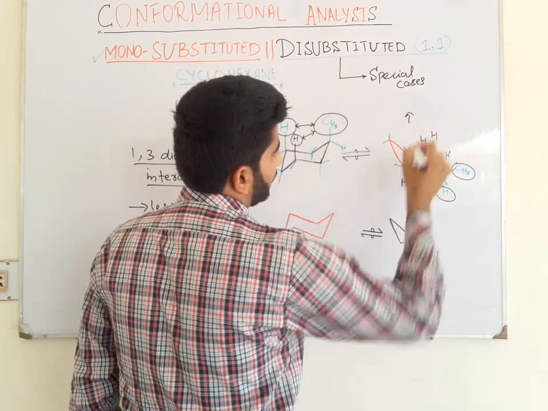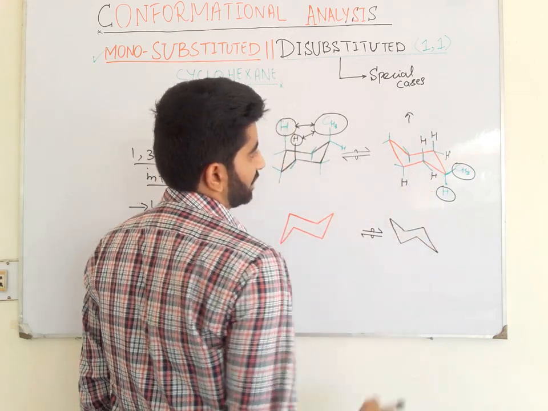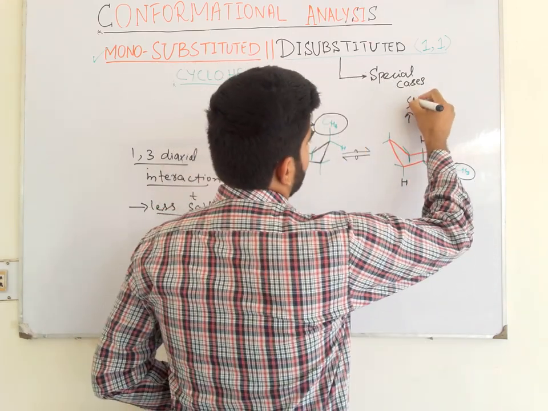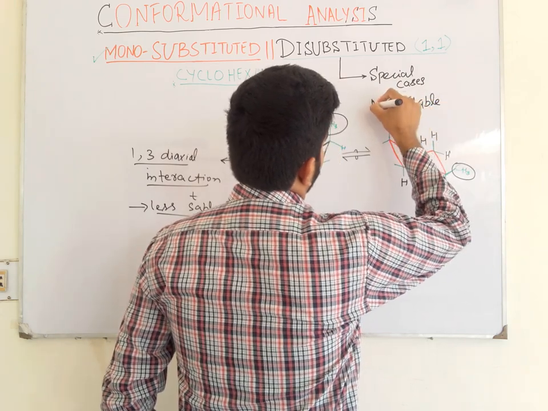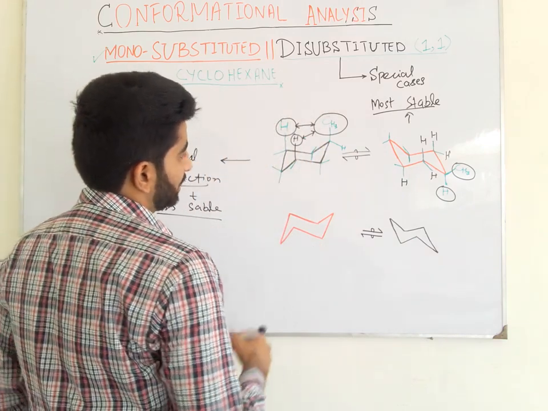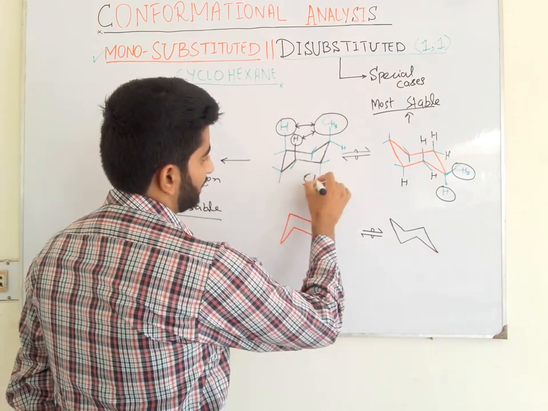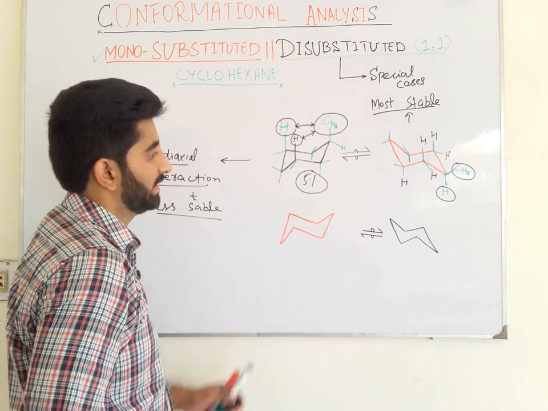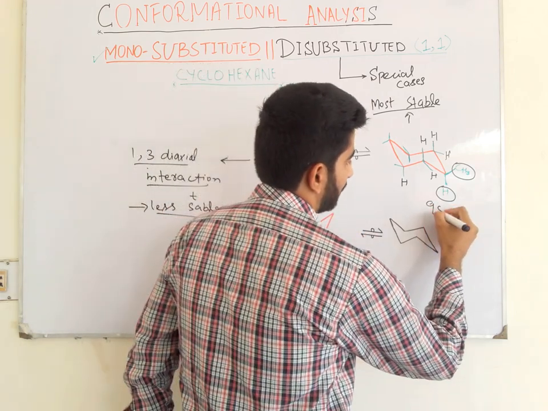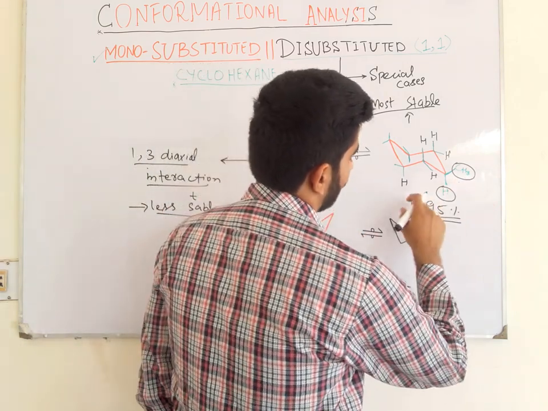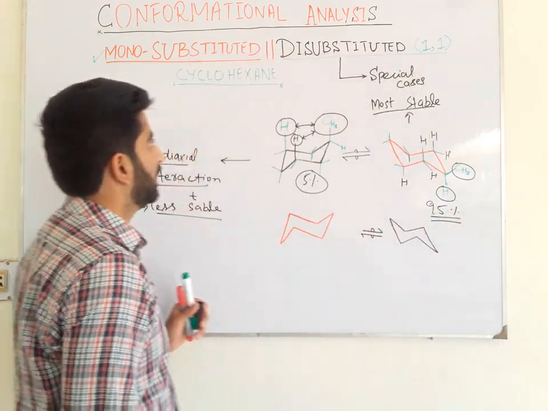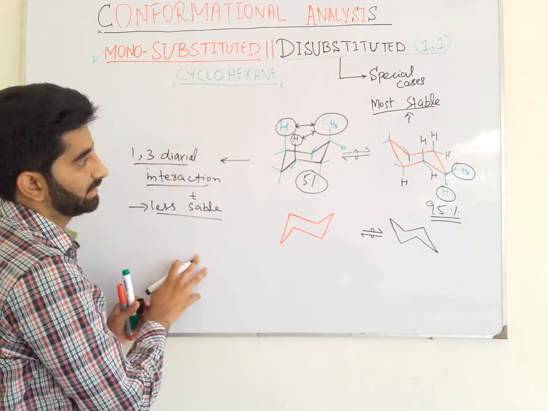So due to the absence of 1,3 diaxial interaction, we consider it the most stable conformation of methyl cyclohexane. According to studies, there is a 5% probability that methyl cyclohexane adopts the axial conformation, and a 95% probability that it adopts the equatorial conformation. So that is all about monosubstituted cyclohexane.